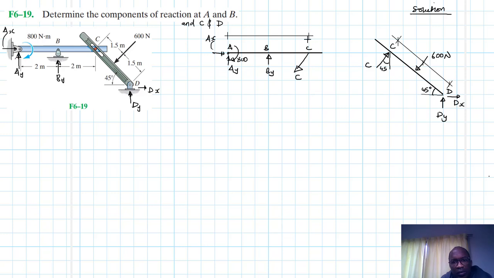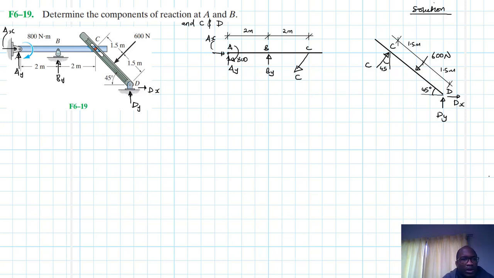So this is equal to 2 meters, this is equal to 2 meters, this is equal to 1.5, and this is equal to 1.5. Great.